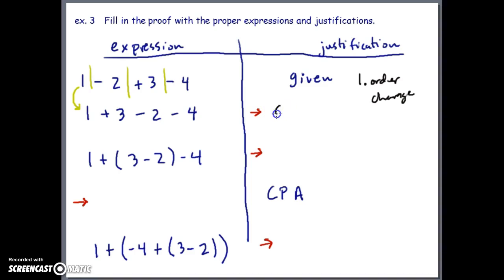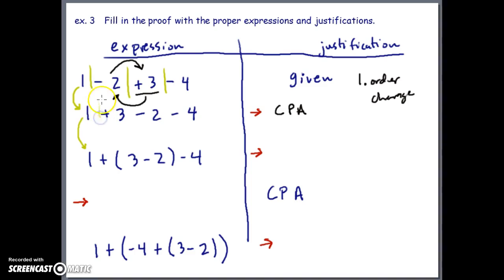So we know it is the commutative property, because what they've done is commuted this positive 3 in front of this negative 2, and the negative 2 behind the positive 3. And now we've got to figure out from there what the next thing was that they did to rewrite the expression.